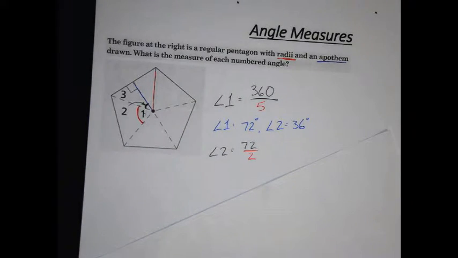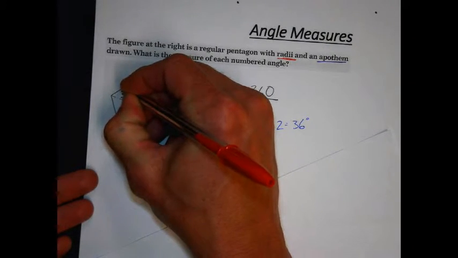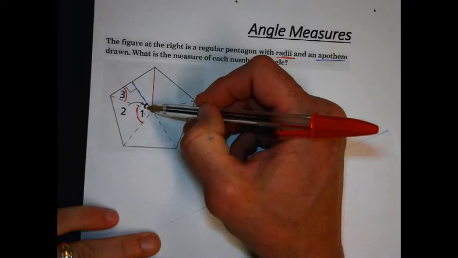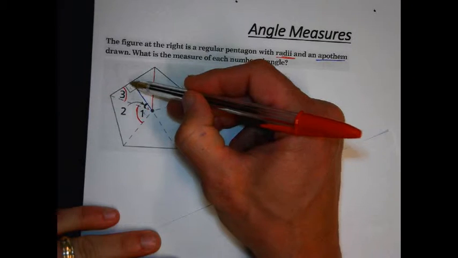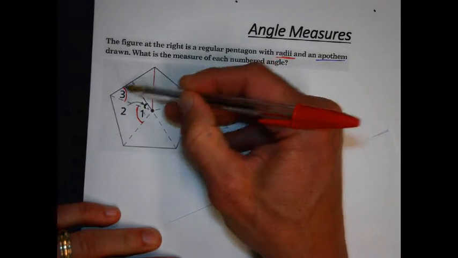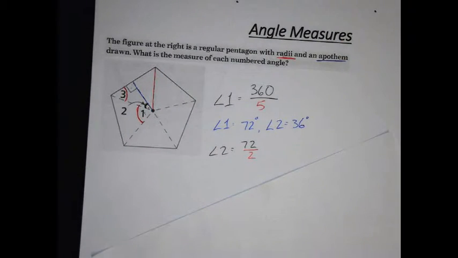So we have now found the measure of angle 2. Now, what are we going to do to find angle 3? Hopefully you've thought about this by now. Angle 3 is what rounds out a triangle, a triangle formed from the angle 2 that we have just found and a 90-degree angle that is here. If all 3 of these angles add up to 180 degrees, we can do some work.